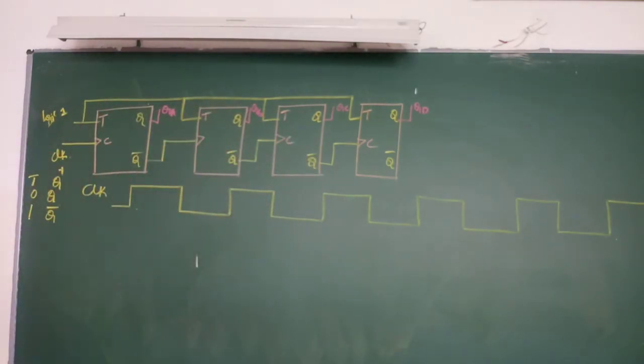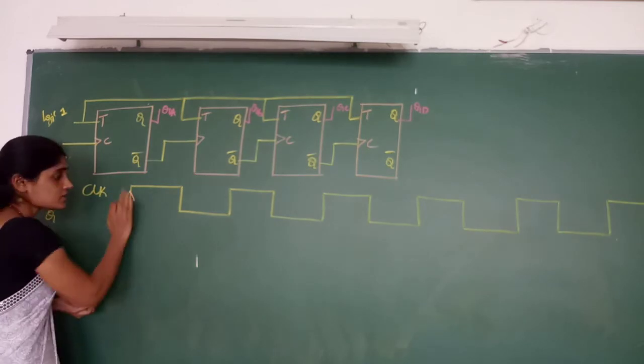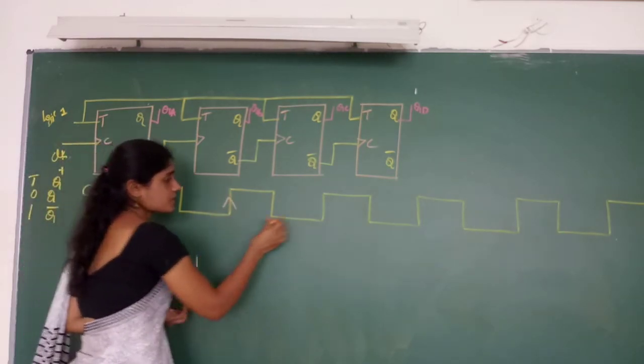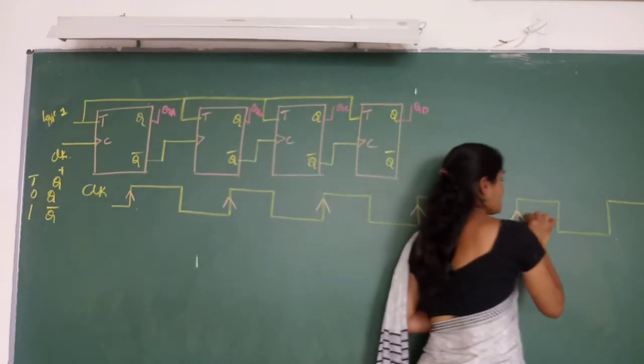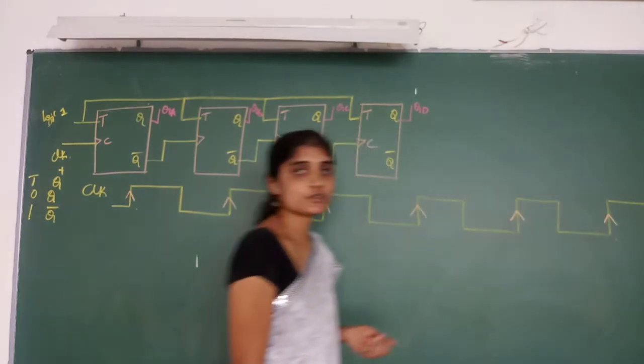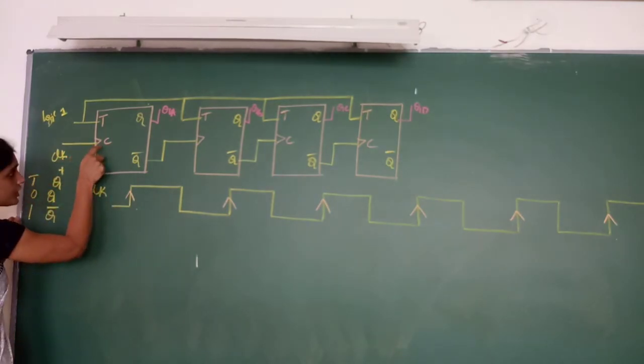Positive edge triggered clock pulse. So mark the positive edge. Which is the positive edge? This is the positive edge, the rising edge of the clock. Mark each positive edge of the clock, because the first T flip-flop will respond only at the positive edge of the clock pulse.